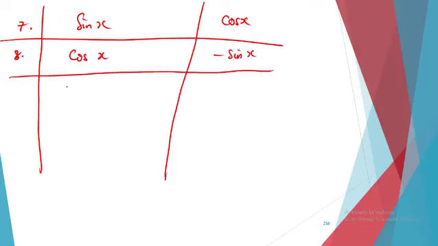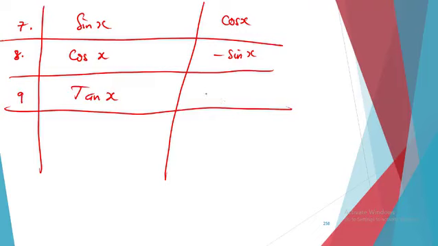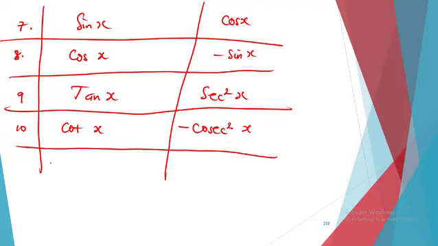Differentiate cos x, you have minus sine x. Then when you differentiate tan x, you have sec squared x. Okay, sec squared x. When you differentiate cot x, cotangent x, then you have minus cosec squared x. Just note these things. They will help you in solving differentiation.